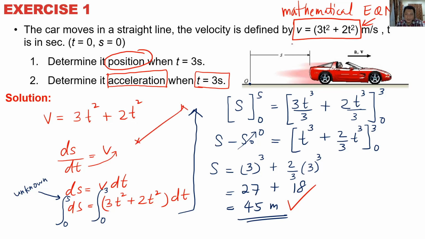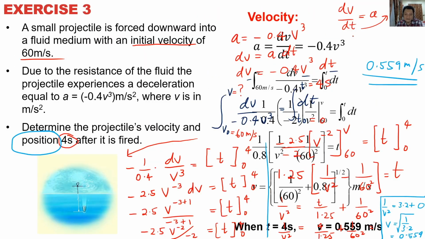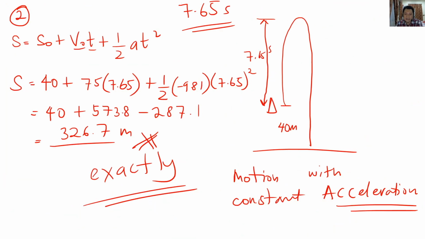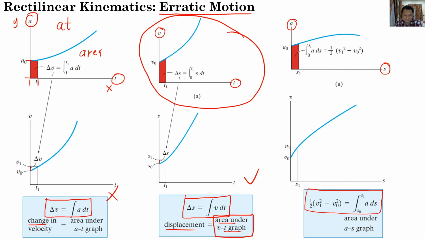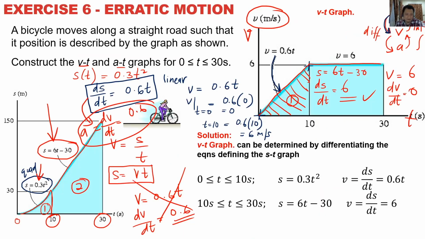Throughout the motion, only one equation. Now you have graphs, and throughout the motion, you have a couple of equations. From 0 to 10, this equation. From 10 until 30 becomes this equation. This is how you do it lah.